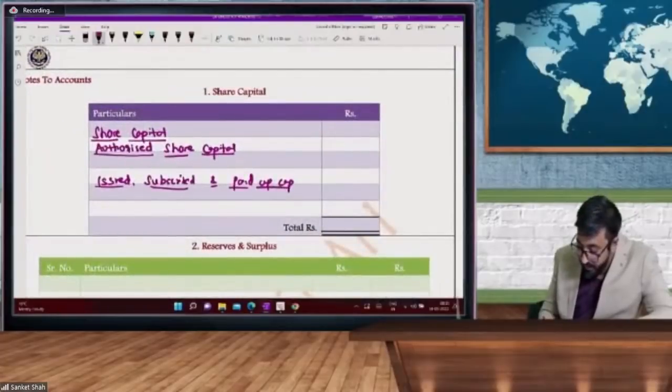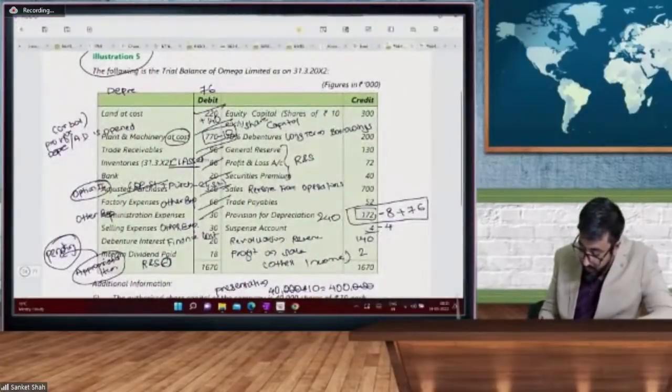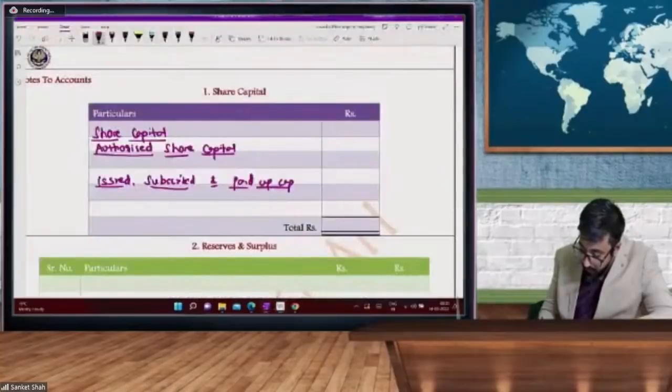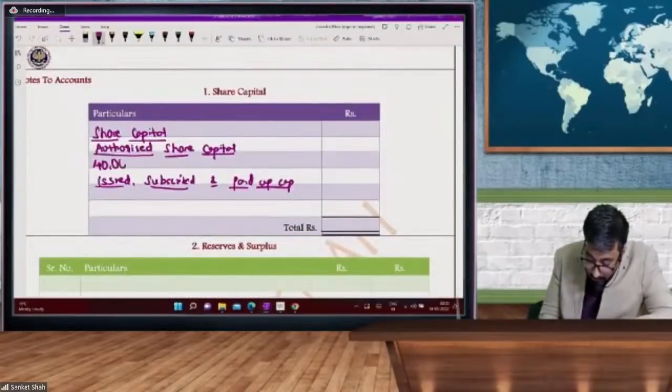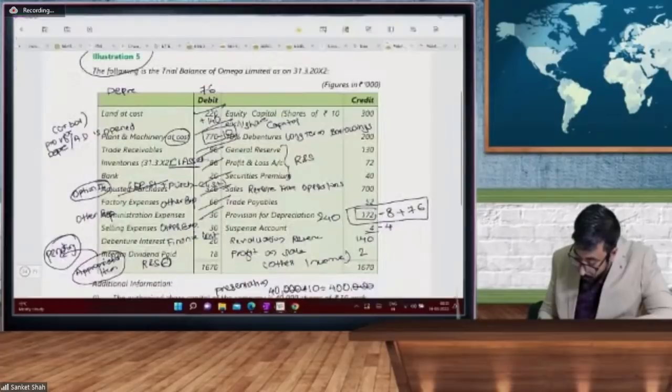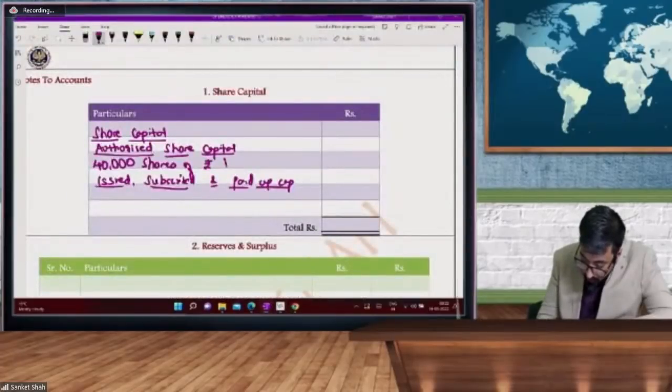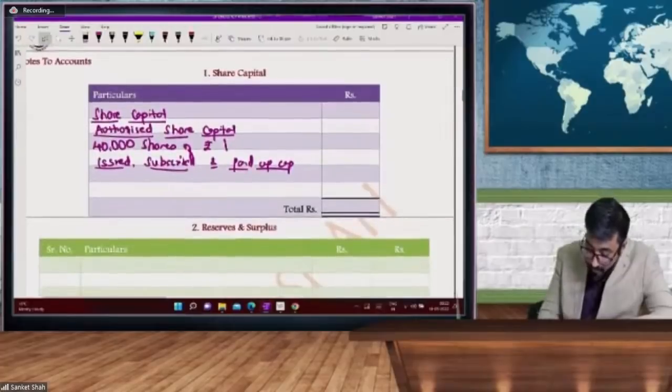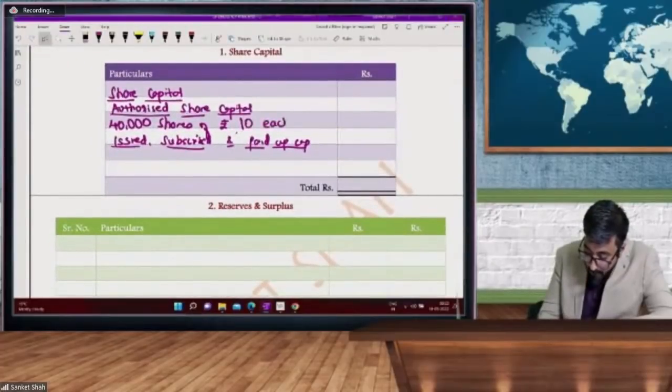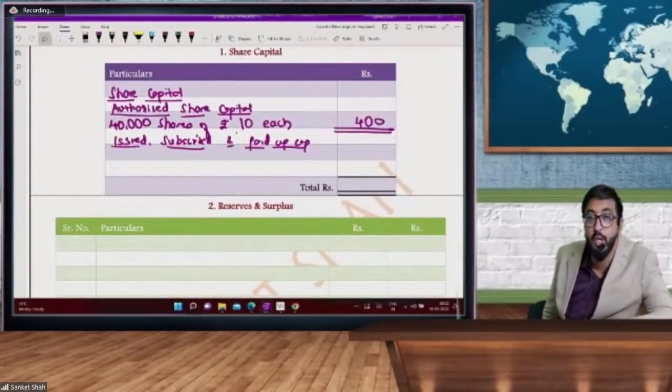Authorized capital. What is the authorized capital? 40,000 shares of rupees 10 each. So this is 400, but this is only for presentation, so double underline.